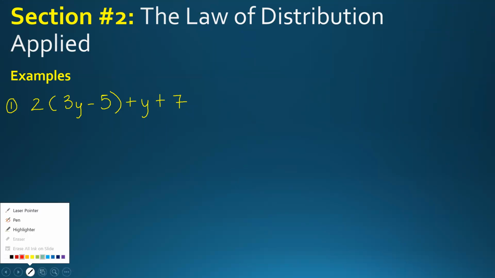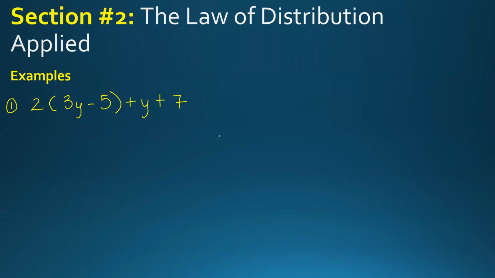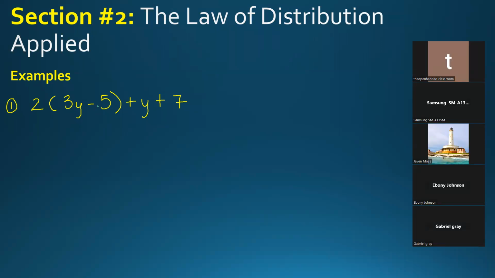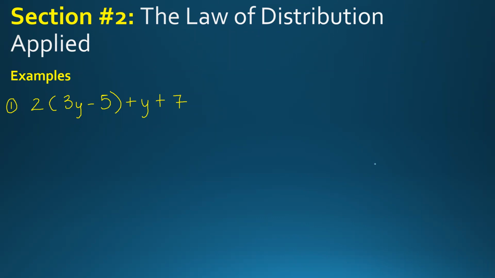Start with the brackets. You multiply 2 times 3y and 2 times -5.